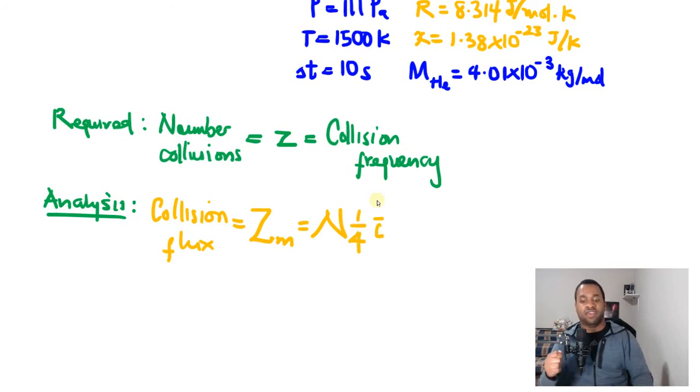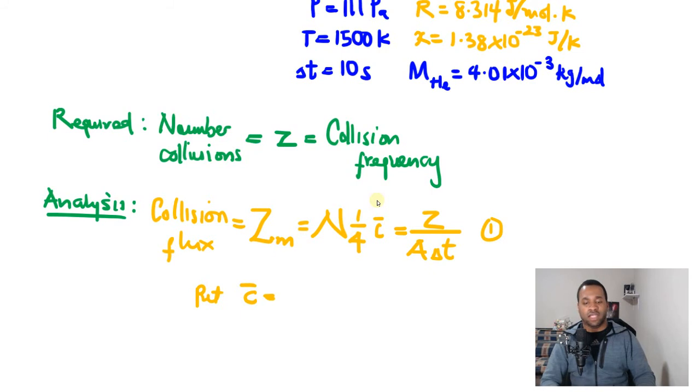This is also equal to the collision frequency divided by the area multiplied by our time interval. We will call this equation 1, and we are going to put in our equation for the mean speed, which is the square root of 8RT over pi times the molecular weight.